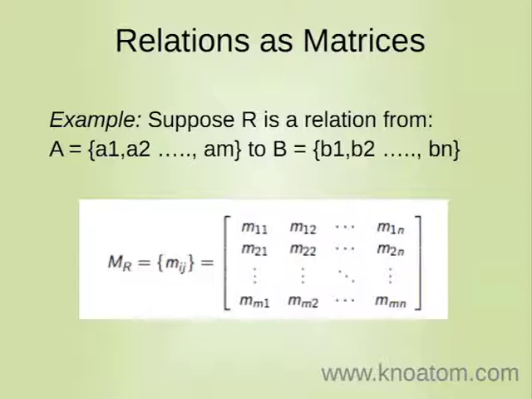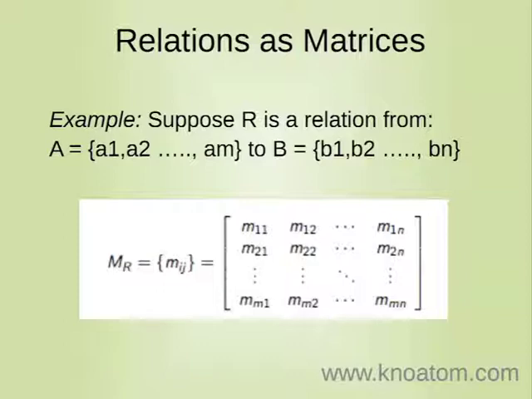So, for example, in our earlier example of using integers, if R is a relation between integers cross integers where x is greater than y, then (1, 1) would not be in your matrix because 1 is not greater than 1, so you'd put a 0 there. But (2, 1) is, so for the position of (2, 1), you would put a 1 there.